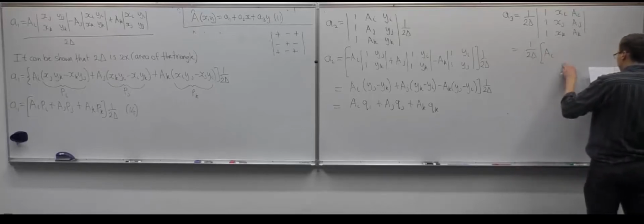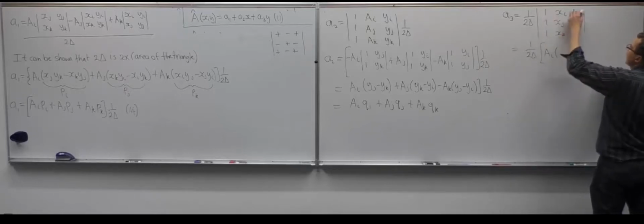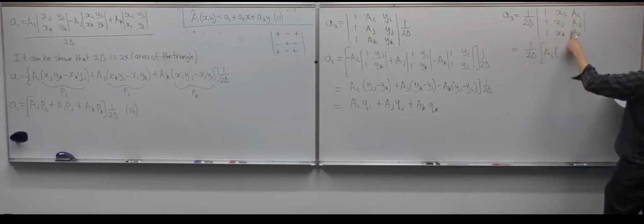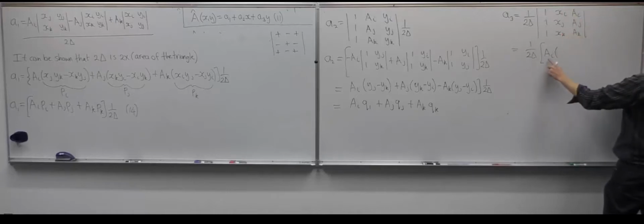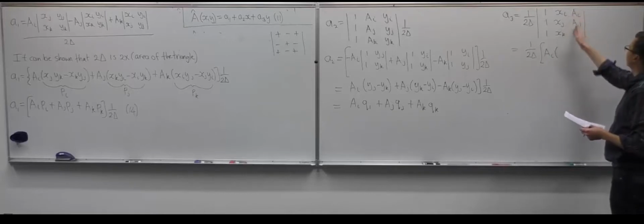Let me just write out the solution here. Again, we'll keep the a_i, a_j, and a_k at the beginning, so we cancel out the row and the first column.